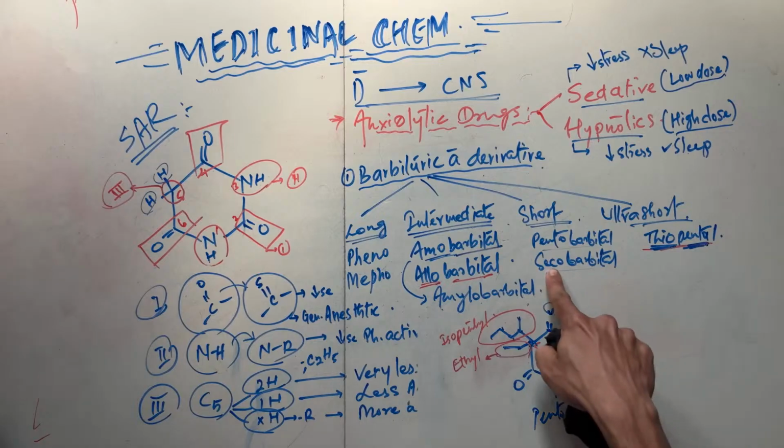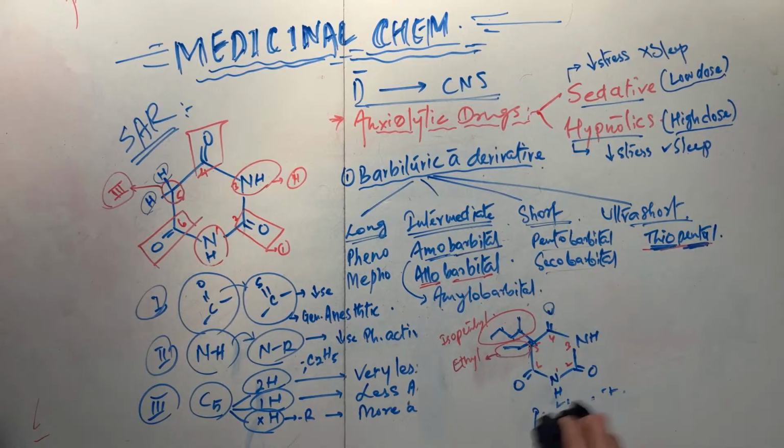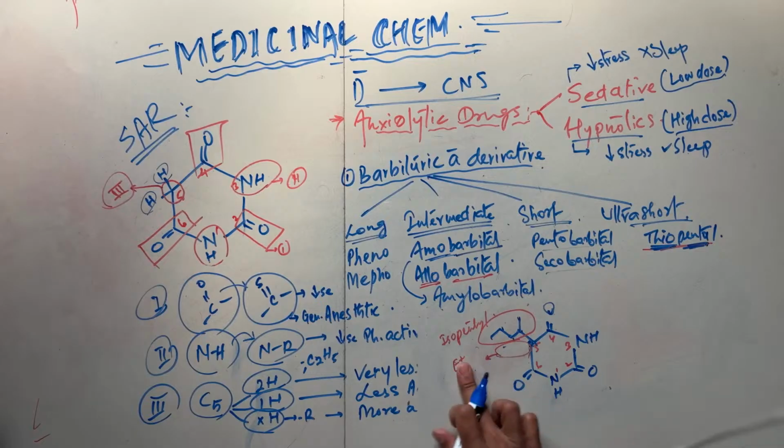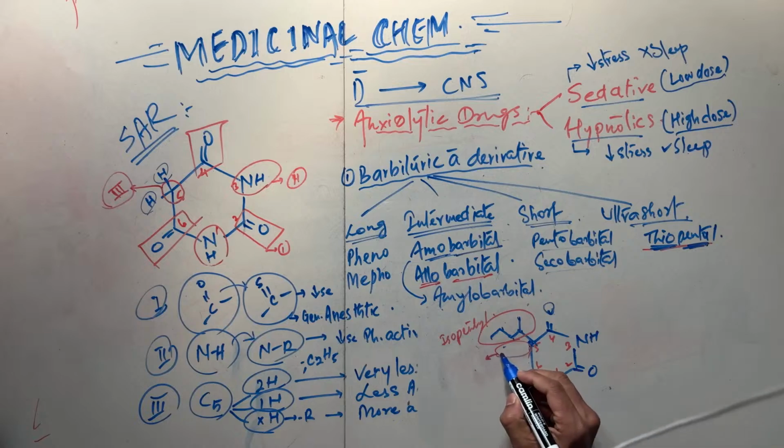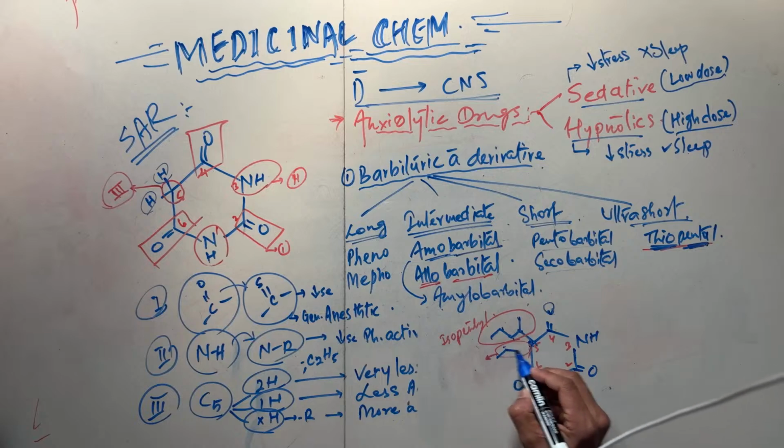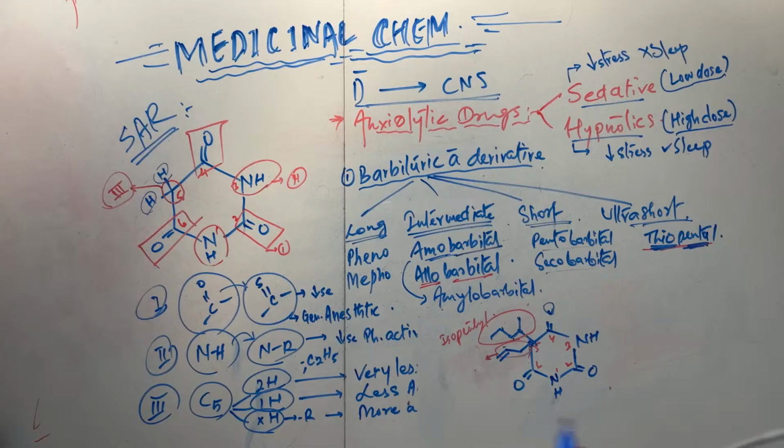Now secobarbital. Now I will tell you the secobarbital structure also. It is also very simple. In the case of ethyl, now everything will be same. In the case of ethyl chain, you will see one allyl chain. Now it is not ethyl. Now it will be 1 2 3. What is it called? It is allyl. Yes or no? Already I have told you just 2 minutes ago.